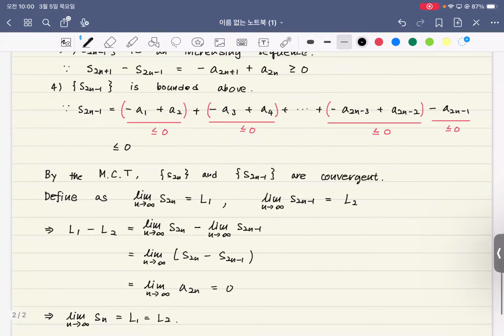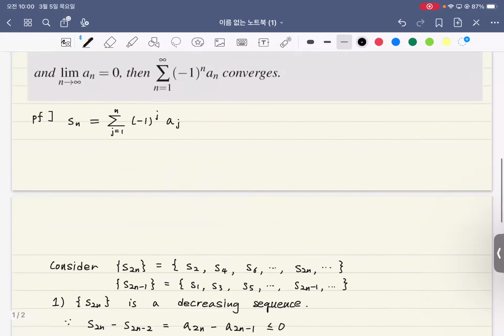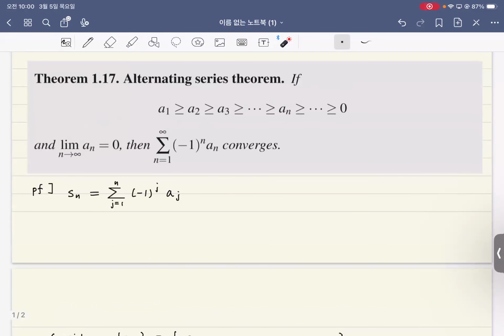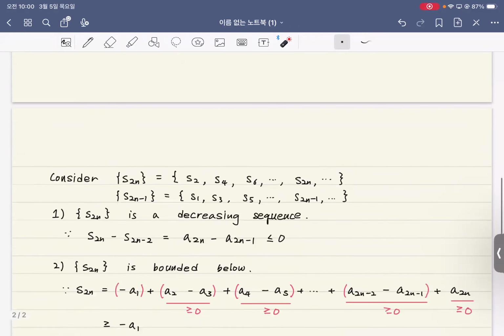And suppose that you have an alternating series, and if the absolute value of the terms is decreasing and tending to zero, then we can say that the alternating series is convergent.